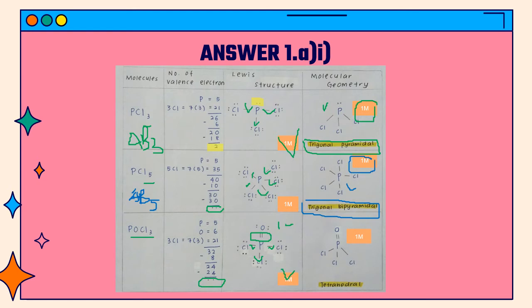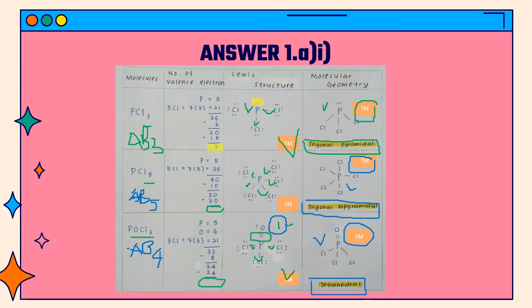For POCl3, as I said just now, a double bond is counted as 1. So POCl3 is AB4. So the name for the molecular geometry of AB4 is tetrahedral. So we get 1 mark.